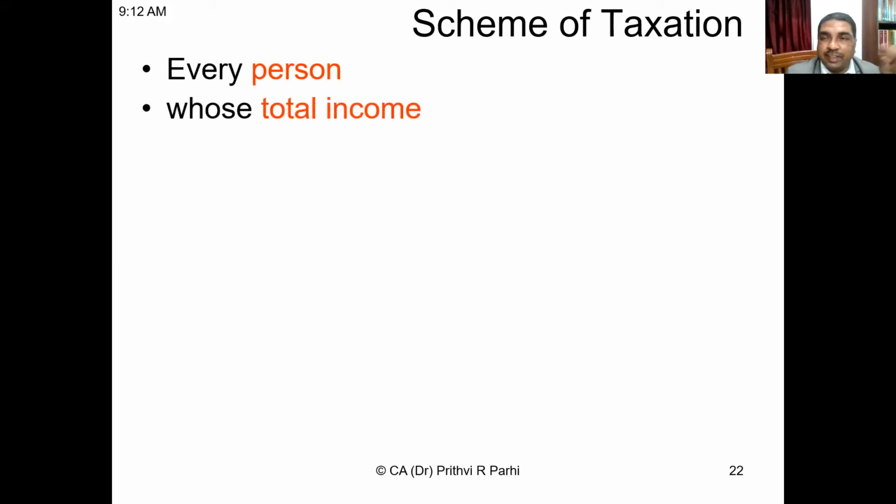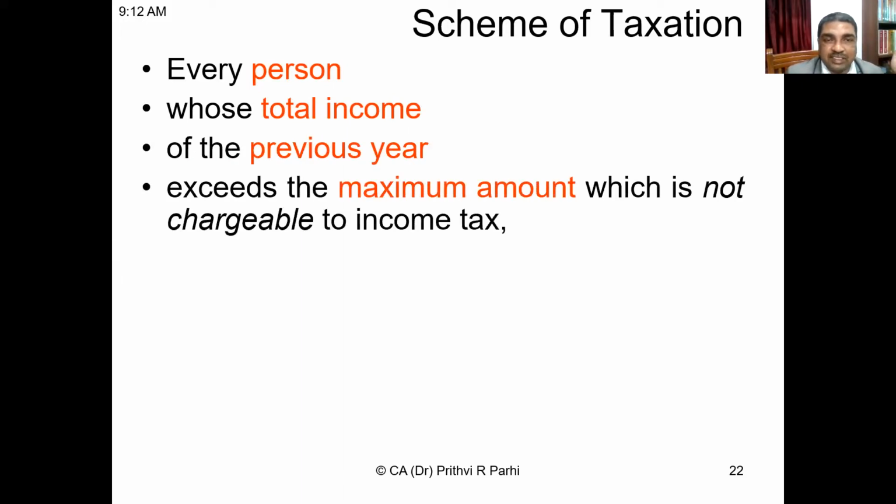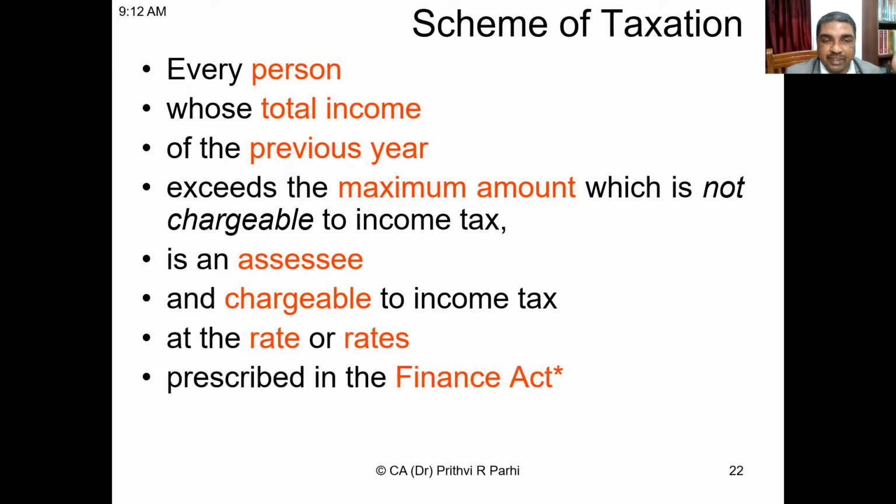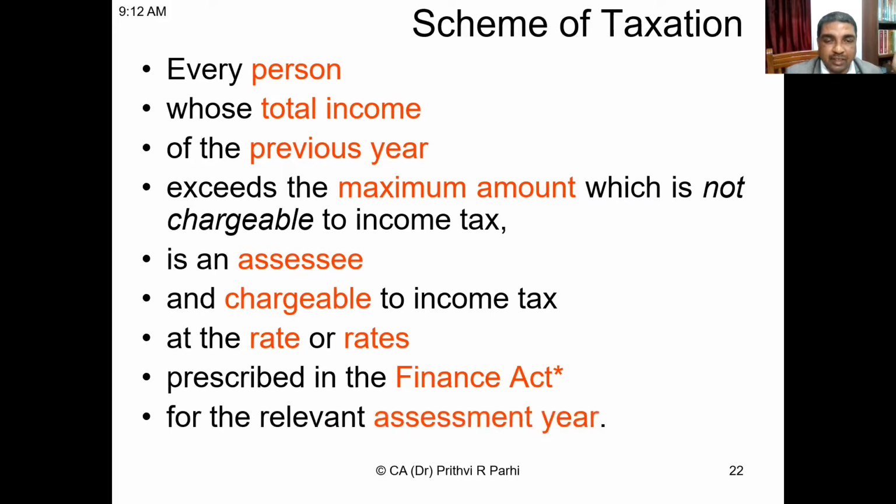I'm writing here, you see, every person whose total income of the previous year exceeds the maximum amount which is not chargeable to income tax is an assessee and chargeable to income tax at the rate or rates prescribed in the Finance Act for the relevant assessment year.